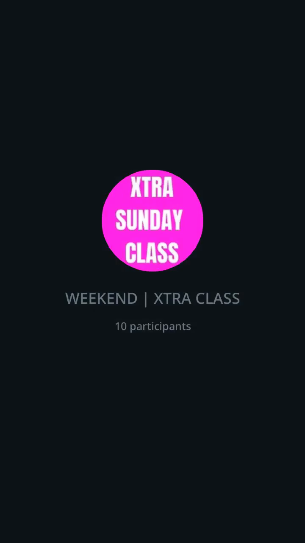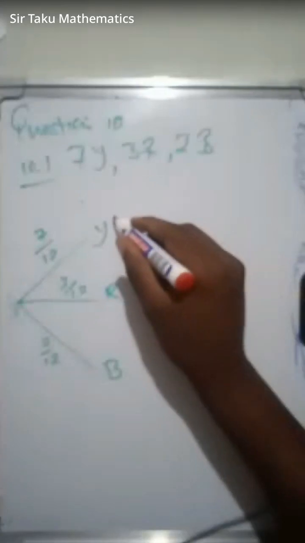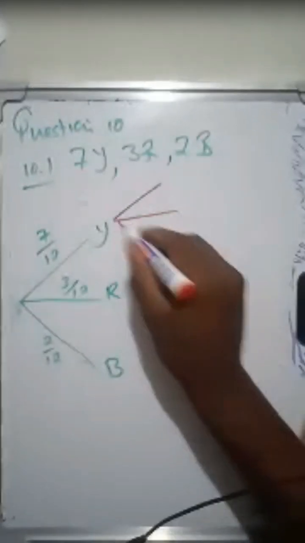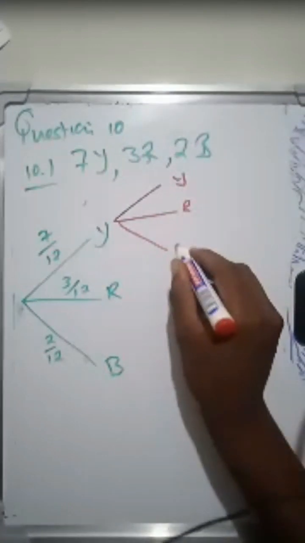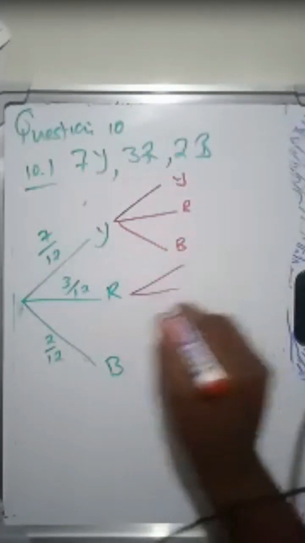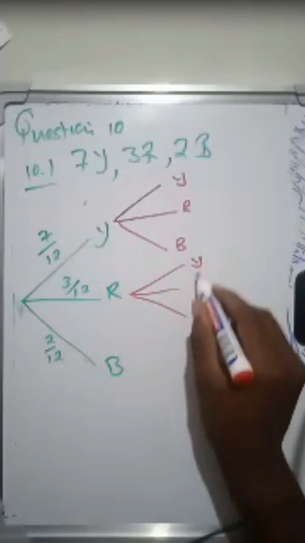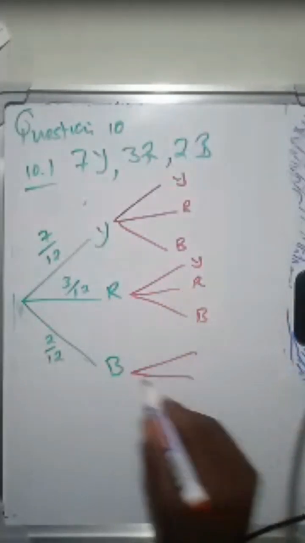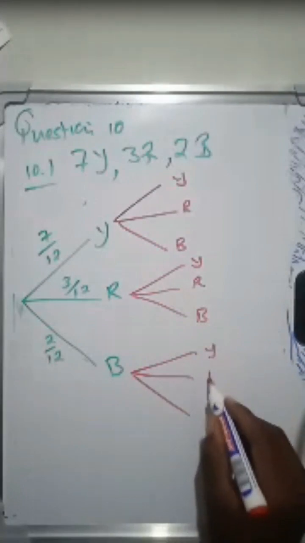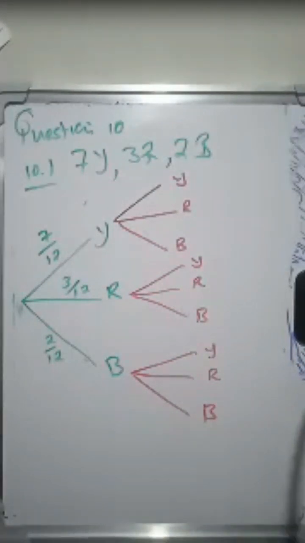So the second experiment now is choosing again. You can still choose yellow, red, blue. But there's a condition that if a ball was chosen, it's not replaced.